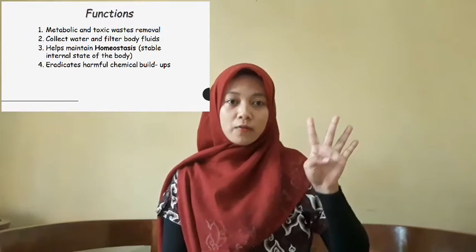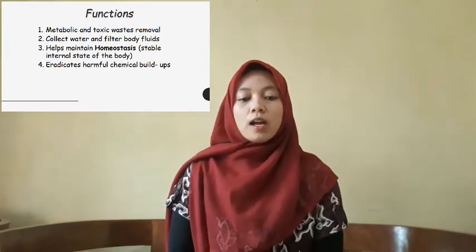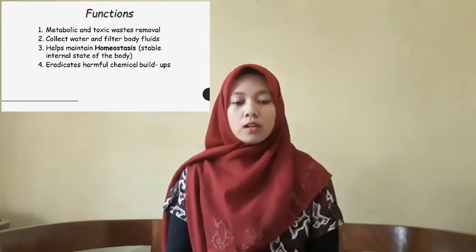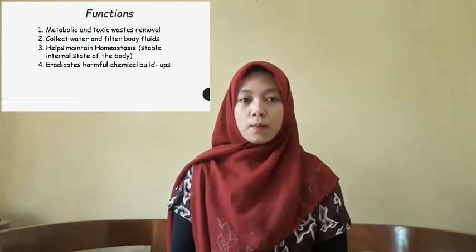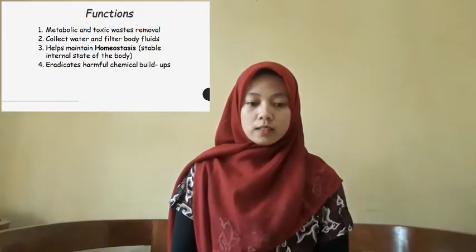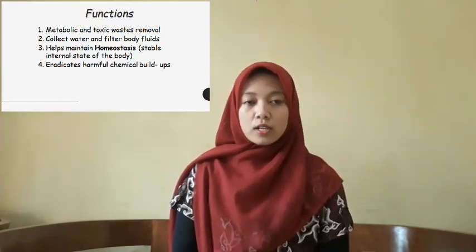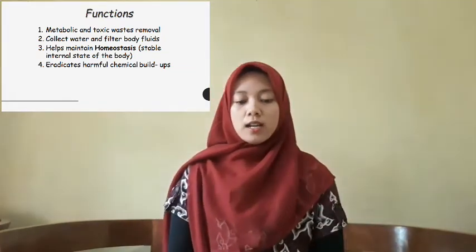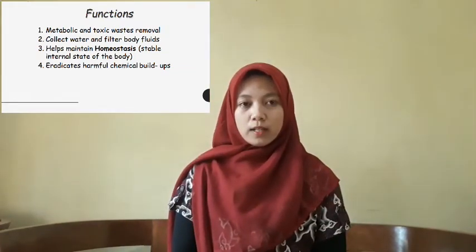There are four functions. Number one, metabolic and toxic waste removal. Number two, collect water and filter body fluids. Number three, helps maintain homeostasis or stable internal state of the body. Number four, eradicates harmful chemical buildup.